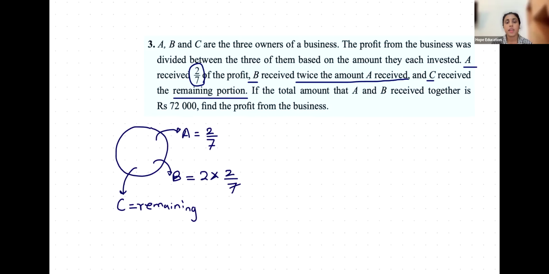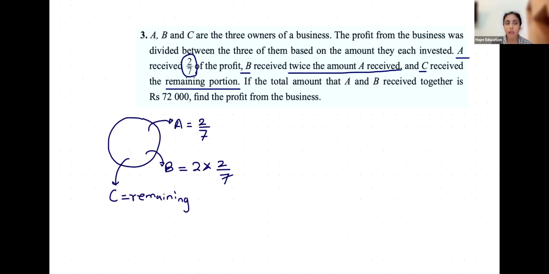Okay. Now, first, the fraction A received we know. Let's write that. The fraction A received is already given, that is 2/7. This is not that difficult. Then the fraction that B received, we'll find that. They have said the fraction B received is twice the amount A received.